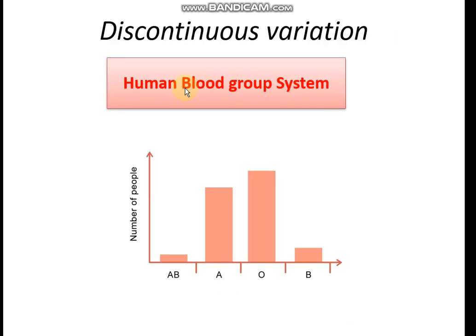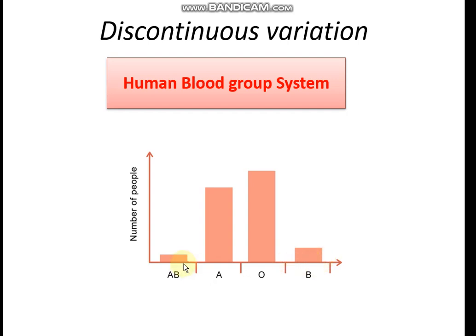Now moving on, there's another example of discontinuous variation, like the human blood group system. You know that there are different types of human blood group systems. When it comes to the ABO blood group system, there are some people who have AB blood group, some have A blood group, some have O blood group, and some have B blood group. There is no intermediate value, there is no range.